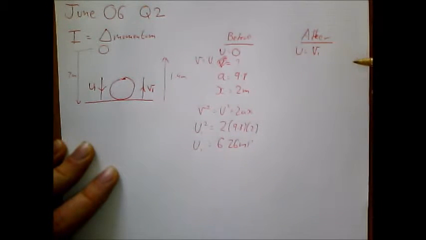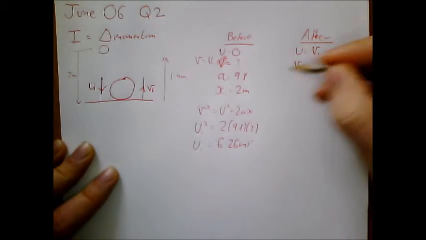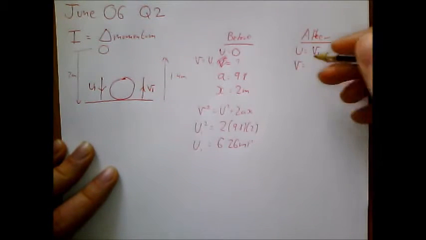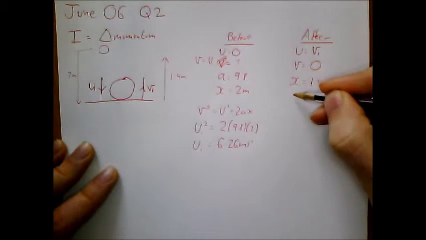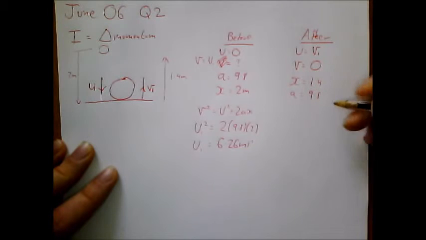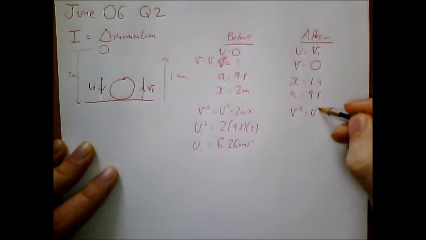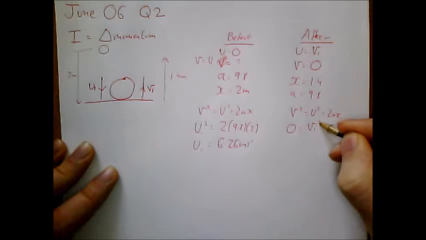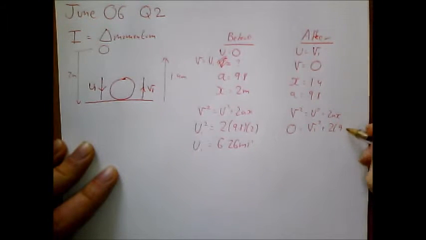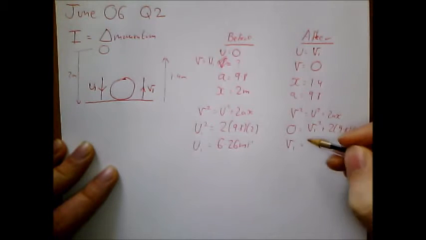Its final velocity, once it rebounds up by 1.4 meters, will be 0. x is 1.4 and a is 9.8 meters per second squared. Using exactly the same equation, v squared equals u squared plus 2ax, we've got 0 equals u squared plus 2 lots of 9.8 lots of 1.4. And you should find u to be 5.24 meters per second.